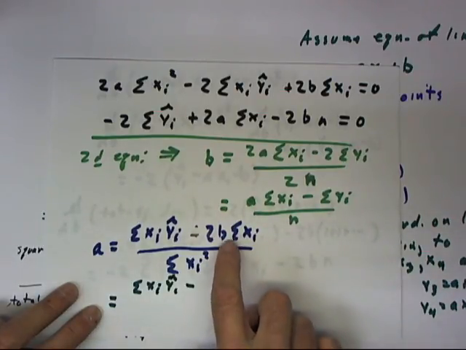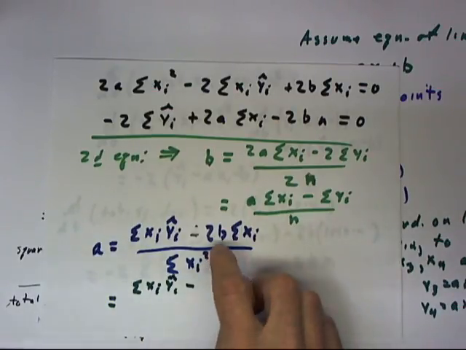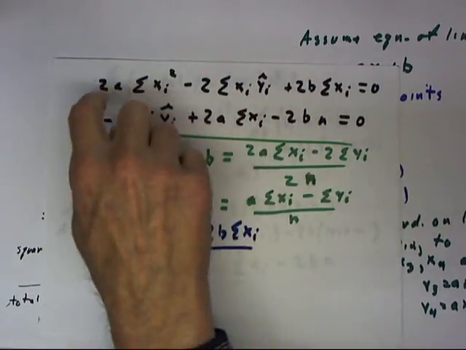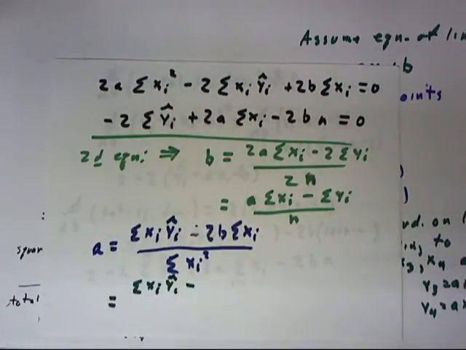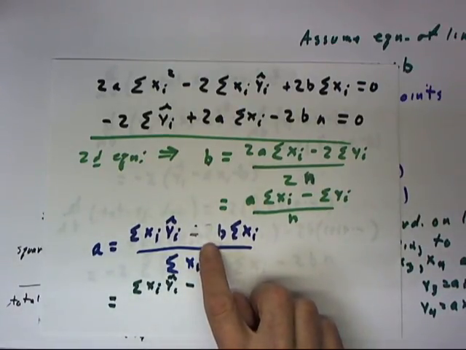Now, I've got another mistake. Let's fix it. That's not a 2. All the 2's have divided out here. Okay, we've resolved the question of 2b or not 2b.